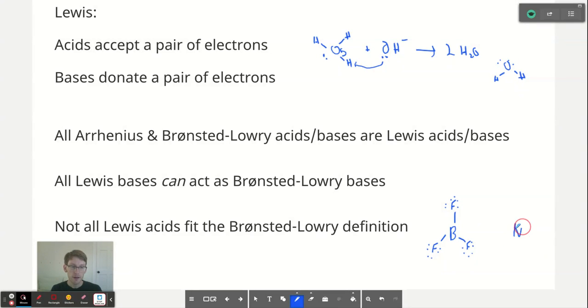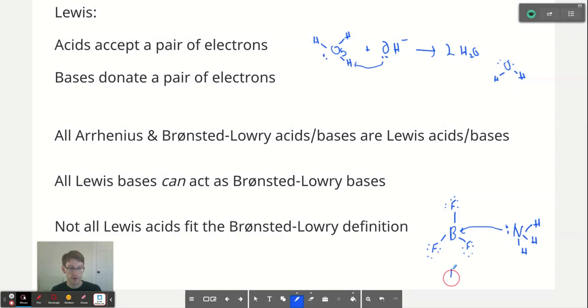And so I could have, for example, NH3, which is something that can act as an Arrhenius base or a Bronsted-Lowry base. But here it is acting as a Lewis base, and our Lewis acid will be the acceptor of the electrons from the nitrogen.